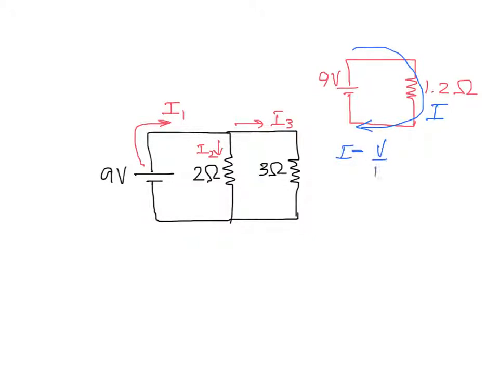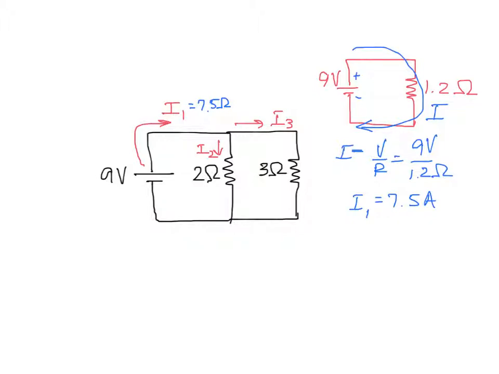V divided by R, which is the 9 volts, divided by the 1.2 ohms, which works out to be 7.5 amps. Okay, so that tells me that I1 is 7.5 amps, because I1 is the same as this current coming out of the 9 volt battery up in my circuit where I combined the 2 resistors.